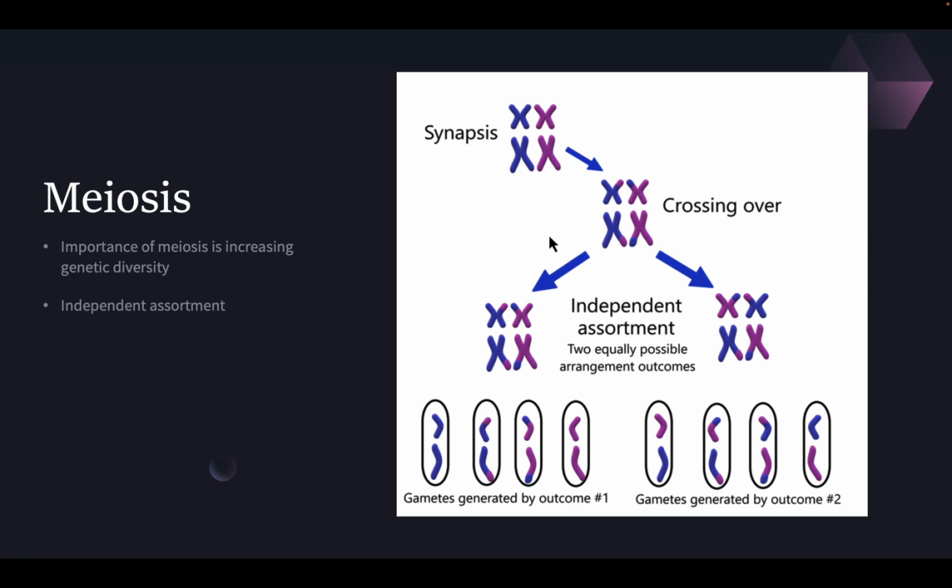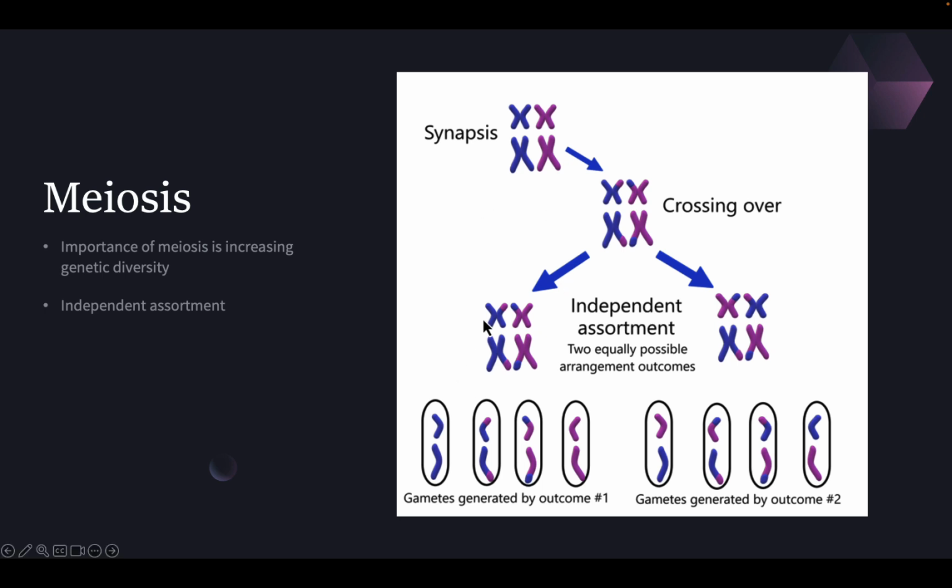So in your body, your cells, you're going to make some gametes. You're going to make egg or sperm. During meiosis, first you have that crossing over. So dad's chromosome swaps a piece with mom's chromosome. That's great. Then we have this idea of independent assortment, and this is what Mendel had talked about as well.